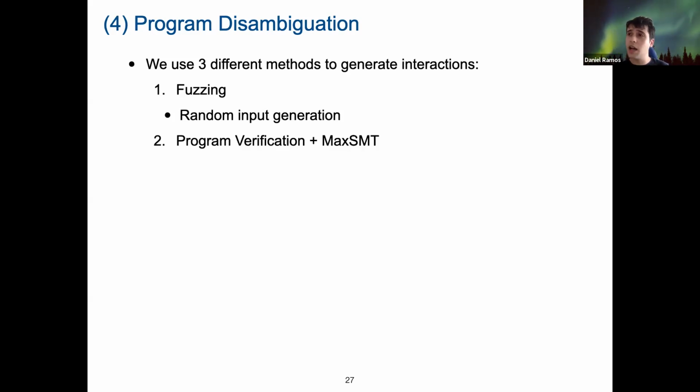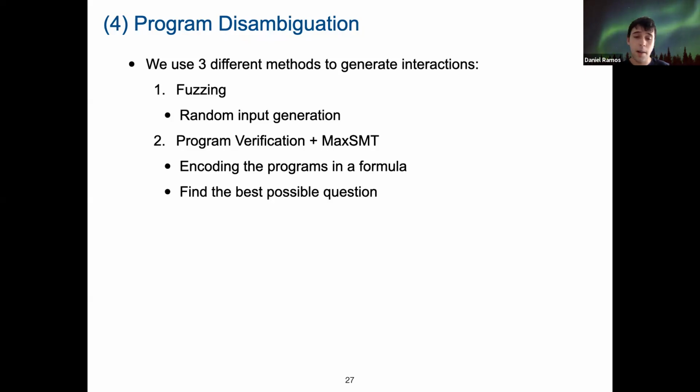And we also try to solve this problem formally using a combination of program verification and MaxSMT. So we encode the programs in a formula, and then we also encode an optimization formula to generate the best possible question for each interaction model.